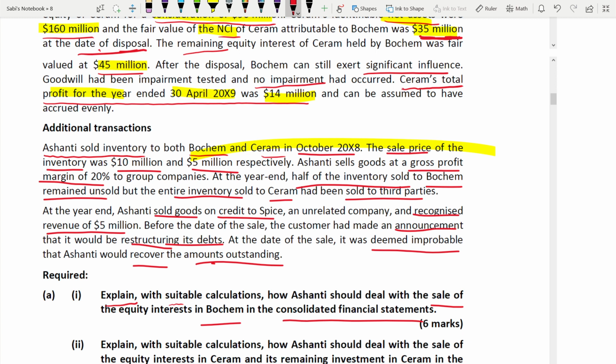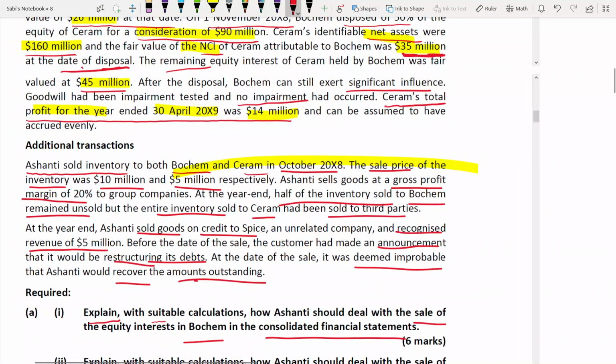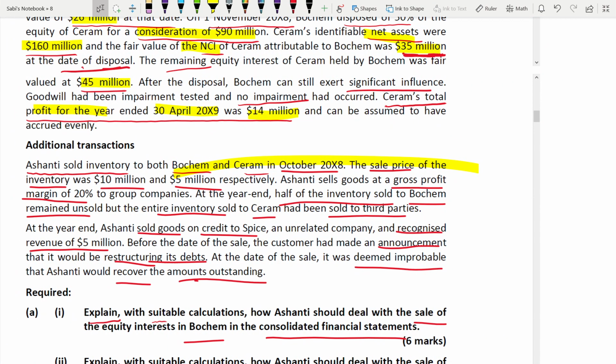But for the subsidiaries who have received that inventory, Bokum and Serum, it's a cost of sales because they have spent 10 and 5 million to get that inventory from the parent company. So for the parent it is revenue, for the subsidiary it is a cost of sales. You can understand, right? We are saying it from both sides. That's why revenue 15, cost of sales 15. 10 plus 5. You are adding the sale price of both the subsidiaries, 10 and 5. This 10 and this 5 million.